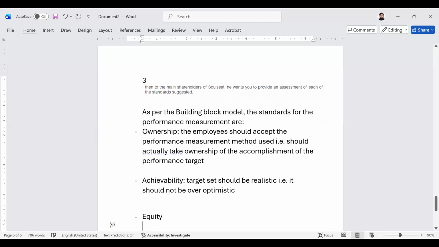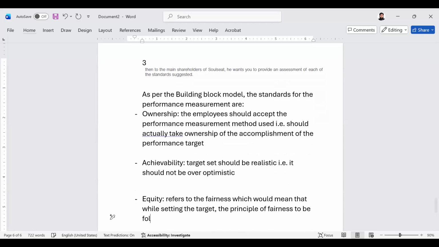Thirdly is equity, which refers to fairness. This would mean that while setting the target, the principle of fairness is to be followed instead of the principle of equality.